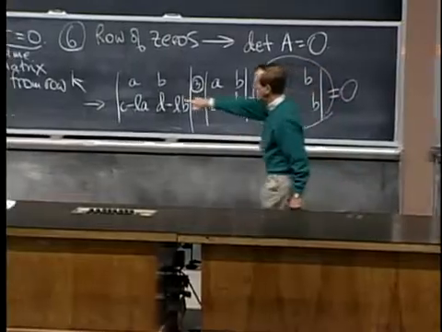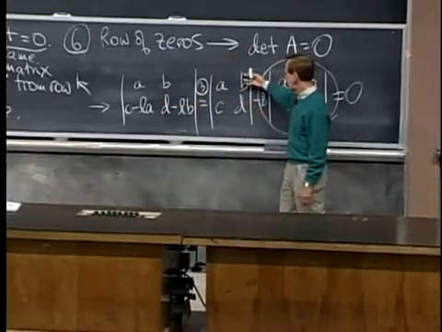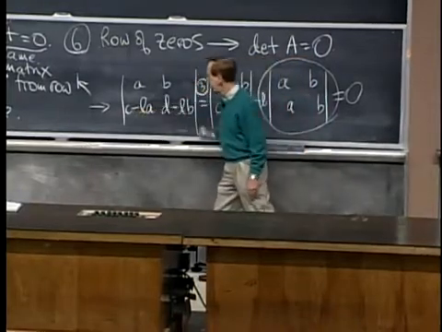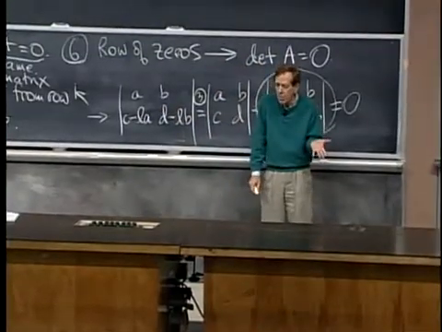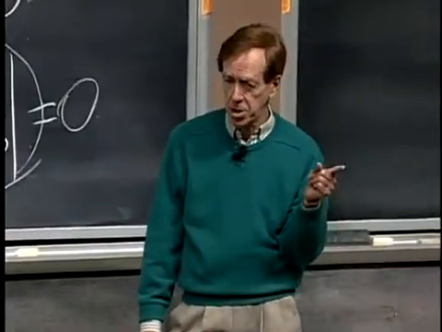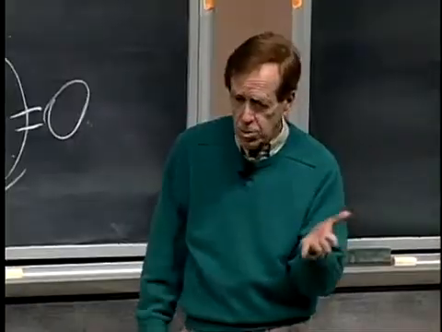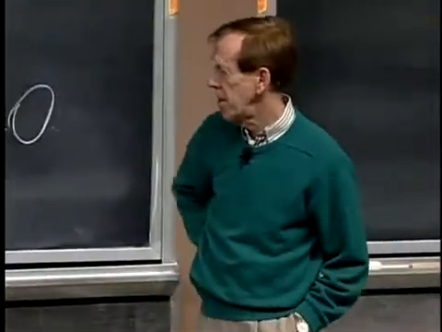So I'm going to use property 5, the elimination, to say that this determinant is the same as that determinant, and I'll produce a 0 there. But what if I also produce a 0 there? What if elimination gives a row of zeros? Then that used to be my test for singular, not invertible, rank less than n. And now I'm seeing it also gives determinant 0.